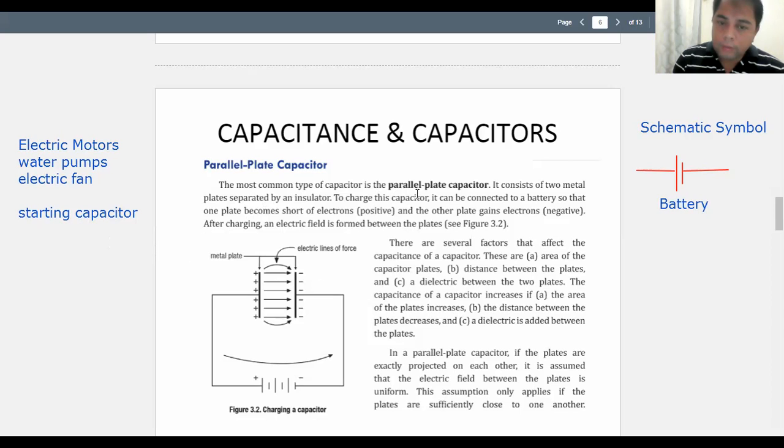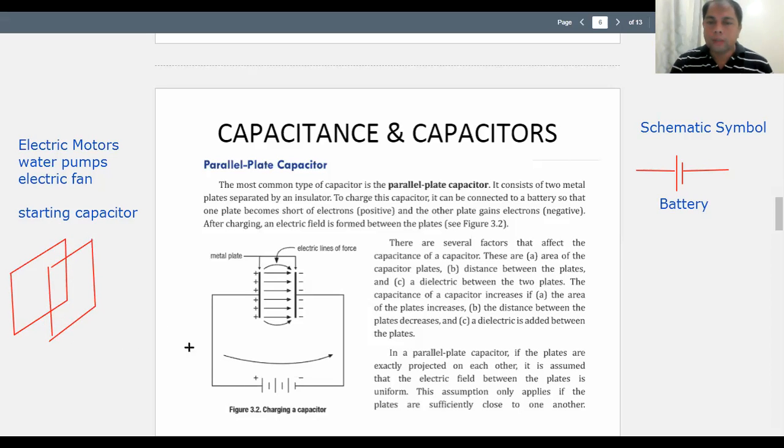Now, the most common type of capacitor is the parallel plate capacitor, and we see it like this. So there are two metal plates here. And again, these metal plates are probably drawn or positioned like this. So these are your two facing plates. And again, these plates will eventually have three factors that you can cause to vary its capacitance.